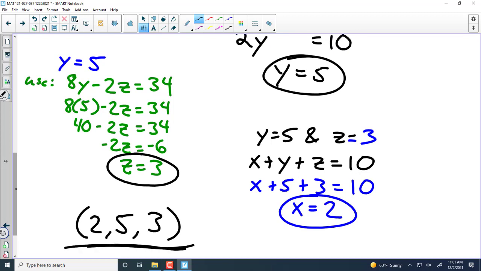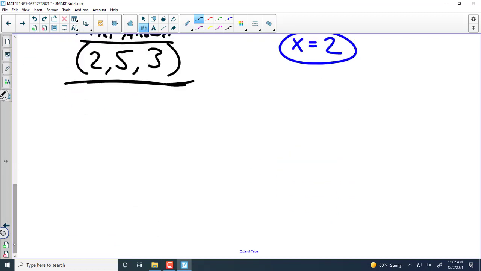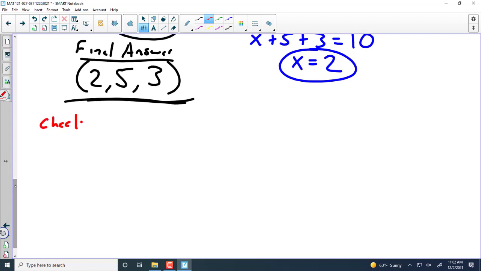My claim is, and I know it's correct because I did this before class, my claim is that that is the only ordered triple that works in all three of them. What you should do in a testing situation for sure is check in the other two equations.